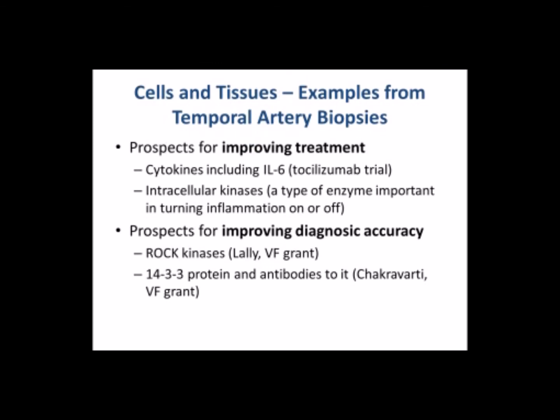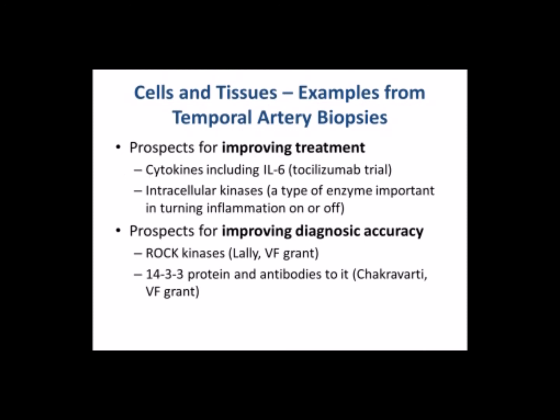So a little bit about study of cells and tissues recently. They do have the prospects for improving treatment, and we're actually seeing that. I'm focusing on giant cell arteritis here because I think it's where there's a big need in terms of improving clinical diagnosis and treatment. And we're actually seeing some ideas becoming reality, whether they're right or not.